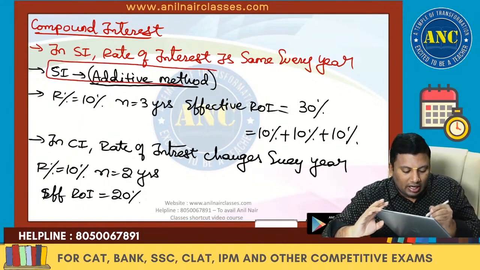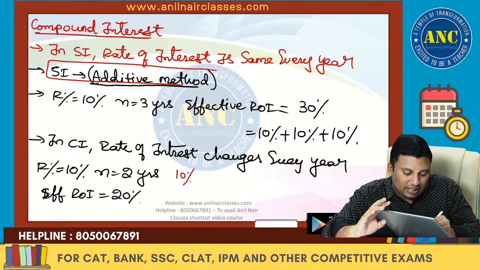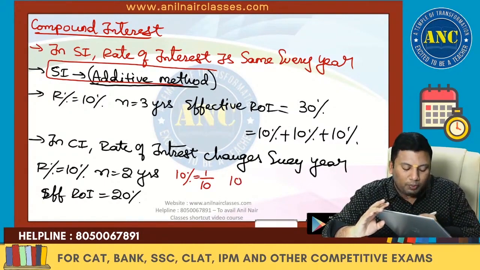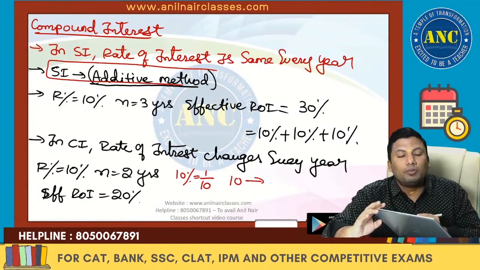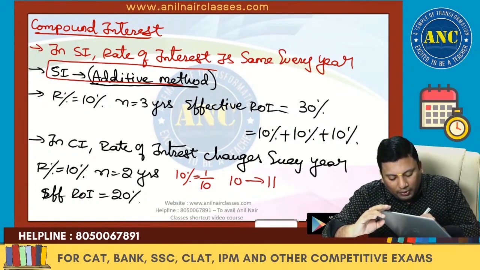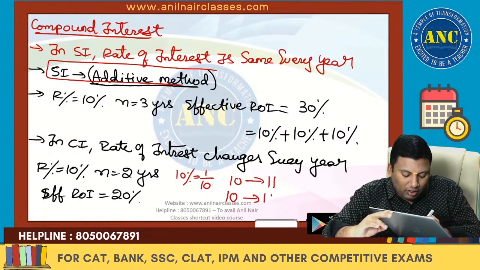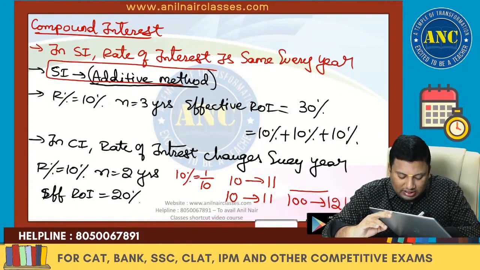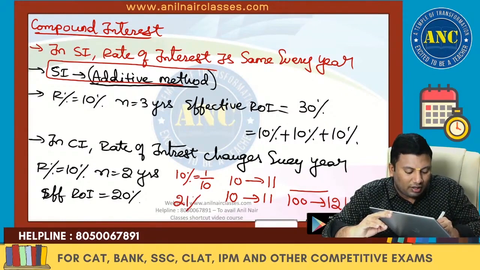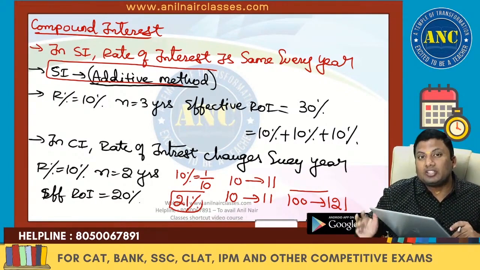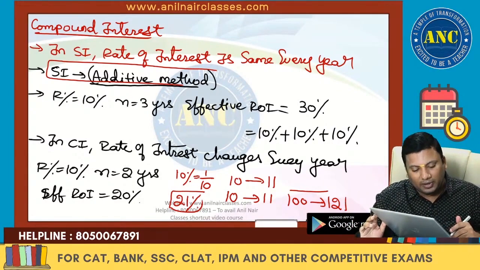Now in compound interest, 10 percentage is nothing but 1 by 10. Initially I gave 10 rupees to my friend. He has to give me after 1 year 1 rupee more, which is 11. Second year also, 1 rupee more on 10, 11. 100 becomes 121. Extra is nothing but 21 rupees on 100, which is 21 percentage.